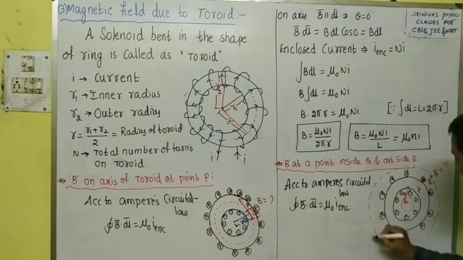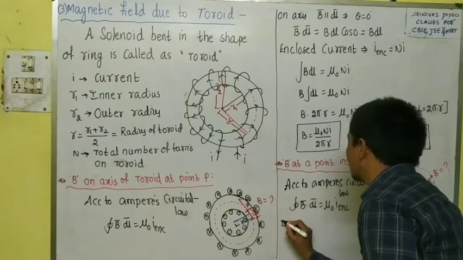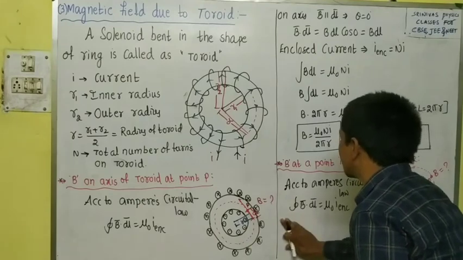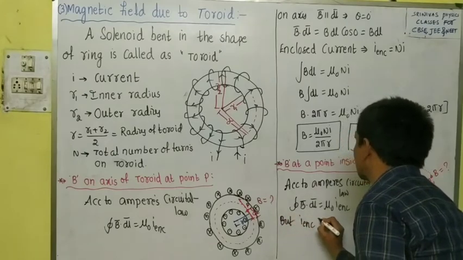What about this? In this also current is there. Entering current is there, this is a cross, and leaving current is there. That means as much current as is entering, that much current is leaving. That's why in this total loop, the enclosed current is again 0, right?